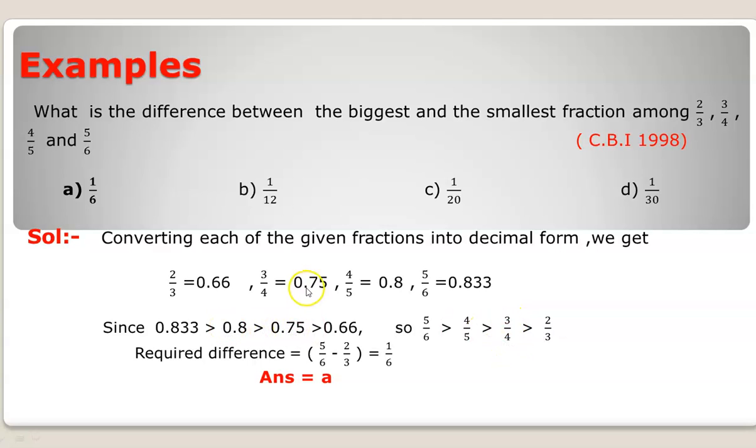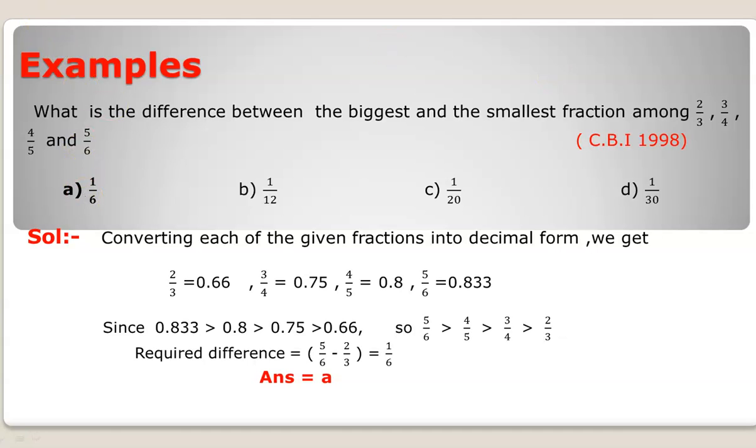So 0.75 is the decimal form of 3 upon 4, which is greater than 2 upon 3. So the required difference is 5 upon 6, the biggest value, minus 2 upon 3, the smallest value, which is equal to 1 upon 6, and answer A is the correct option.